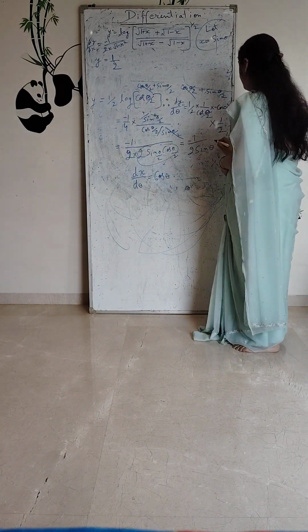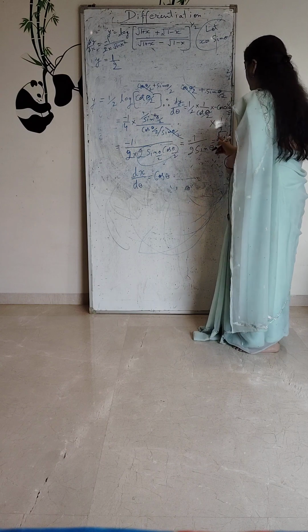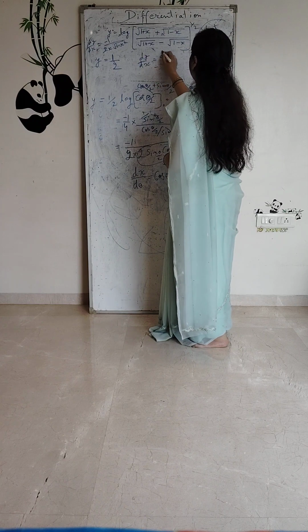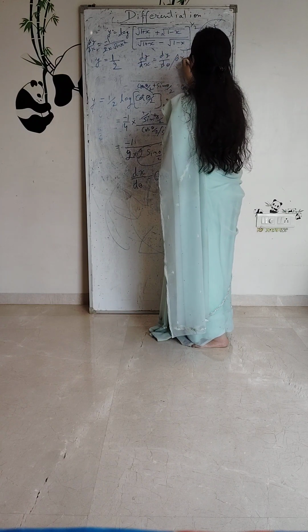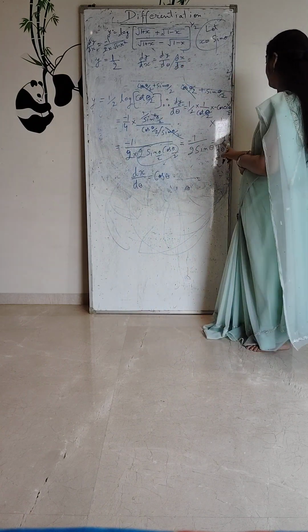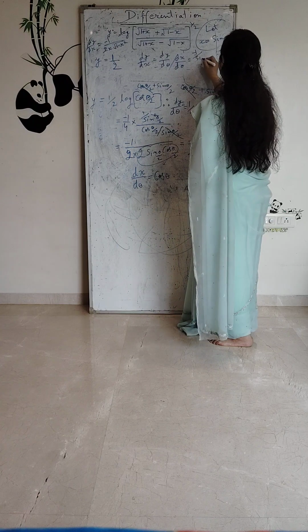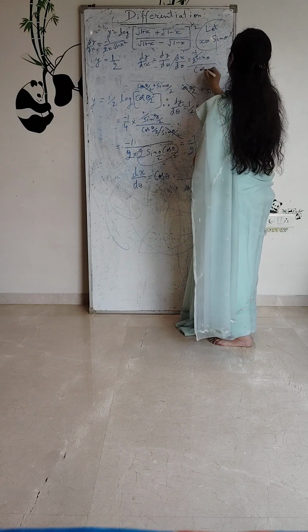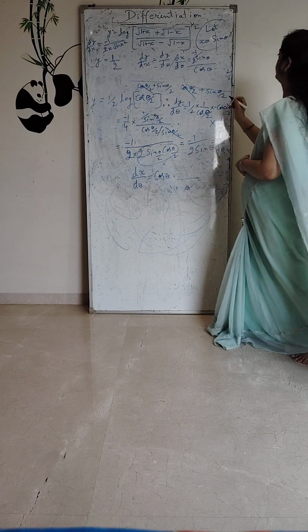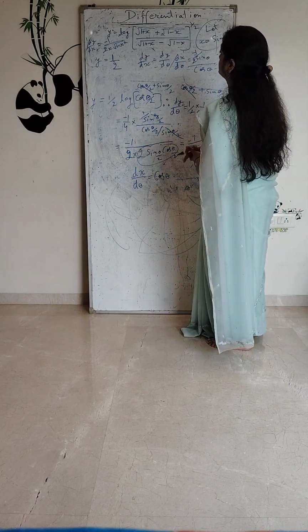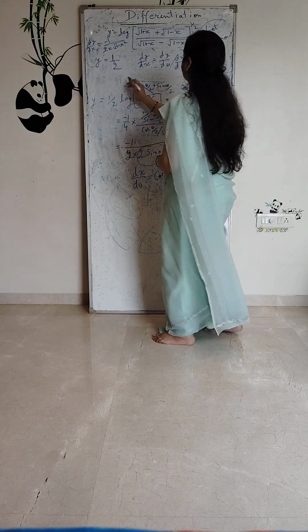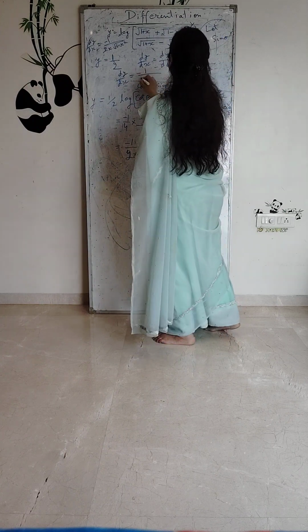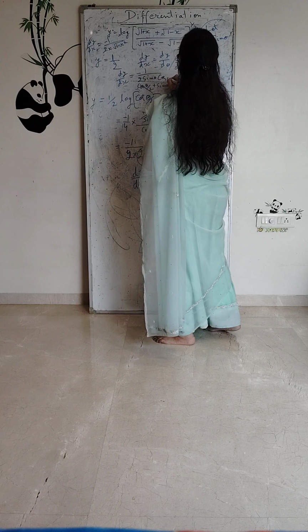So we have the value of dy by d theta and dx by d theta. dy by dx will be dy by d theta upon dx by d theta, so minus 1 by 2 sin theta upon cos theta, giving minus 1 upon 2 into sin theta into cos theta.